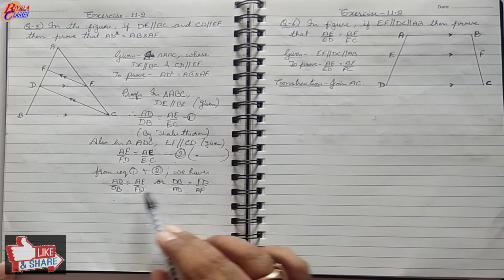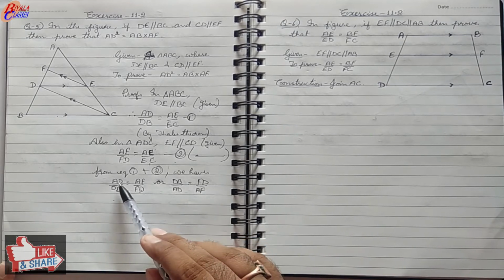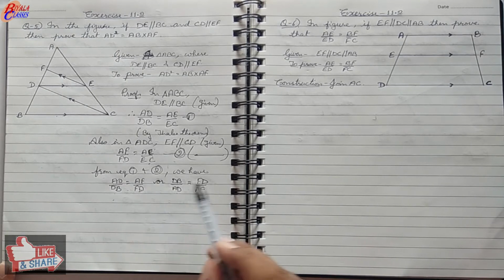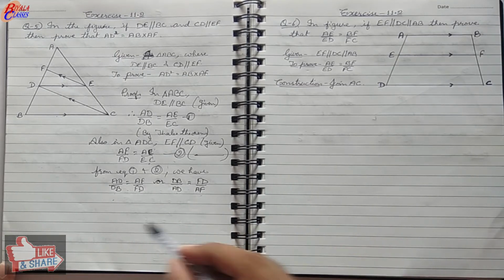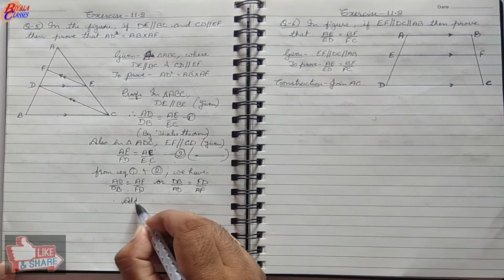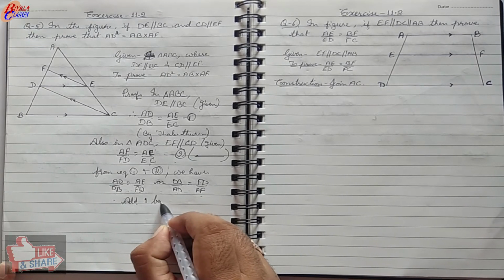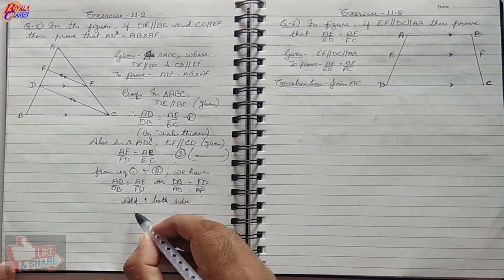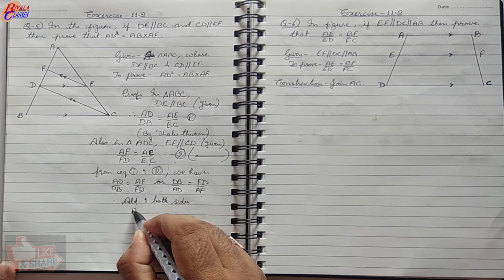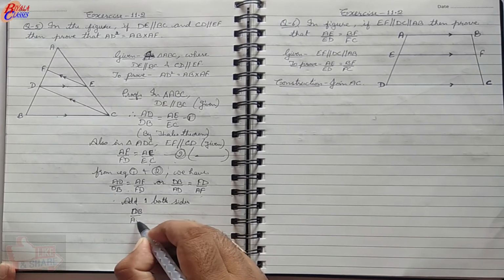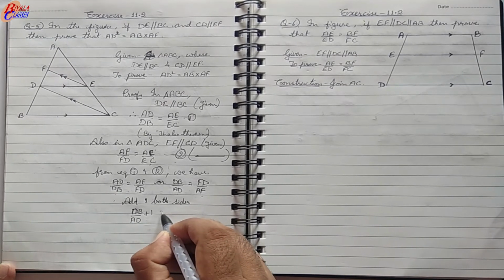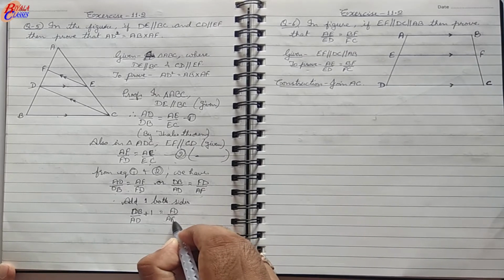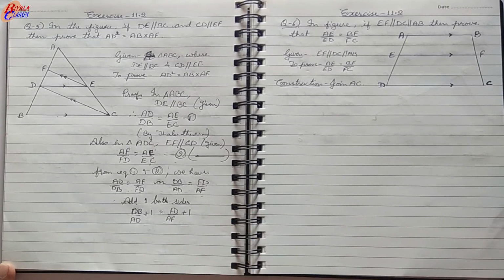We have just taken the reciprocal of it, the reciprocal property. AD upon DB has been written as DB upon AD, and the same AF upon FD is written as FD upon AF. Now let's add 1 both sides. Just see what you get if you add 1 to both the sides. It will be written as DB upon AD plus 1 is equal to FD upon AF plus 1.